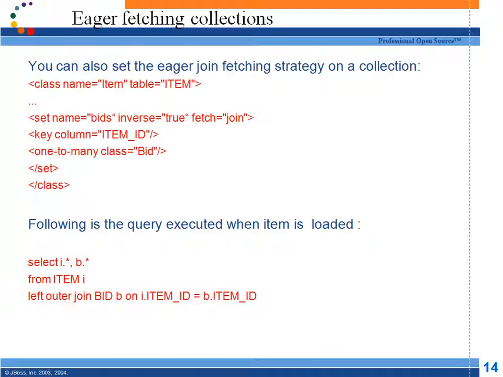Fetching collections. For collections also you can specify fetch equals join. So it will use an inner join query to fetch all the collection details also. Right? A single query.